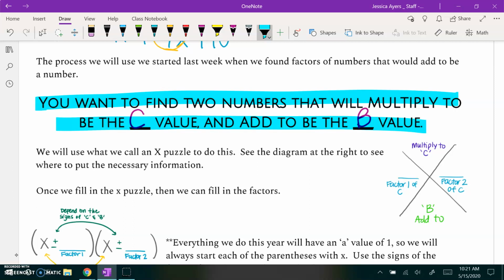So whatever our C value is will go right here at the top of our X. Whatever B is will go down here at the bottom of the X. And then we'll fill in the numbers that work to satisfy both constraints. And that's what will go into our factors.